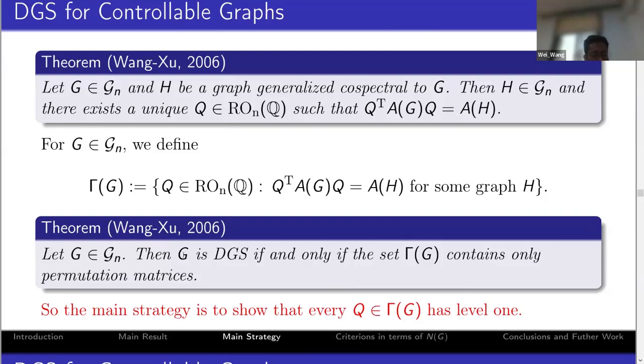So for a controllable graph, G is determined by its generalized spectrum if and only if the set capital Gamma_G contains only permutation matrices. So the main strategy is to show that for every Q in capital Gamma_G, its level is 1, that is, it is a permutation matrix.